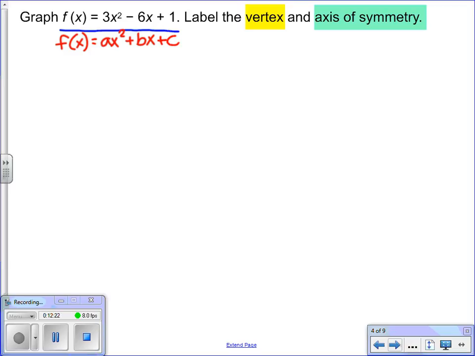Okay? a is 3, b must be negative 6, and c is 1. So when I want to find the vertex, and I go back to my notes where it says x equals the opposite of b over 2a, I can pick out what b and a are.